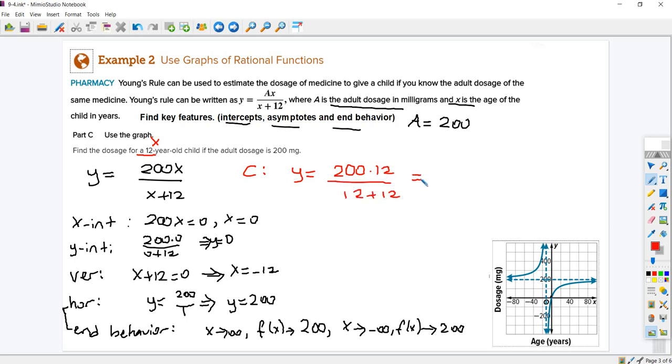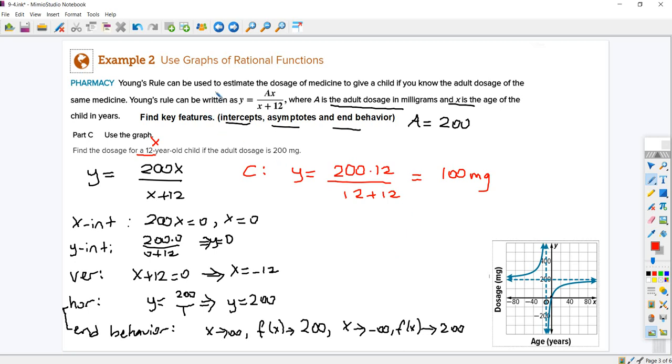If you do the math, I believe you will just get 100 milligrams. So it's like, if your parent is using 200 milligrams of the medicine, that means you are using 100 milligrams of it if you are 12 years old. If you are a little bit older, maybe it's a little bit higher dosage for you.